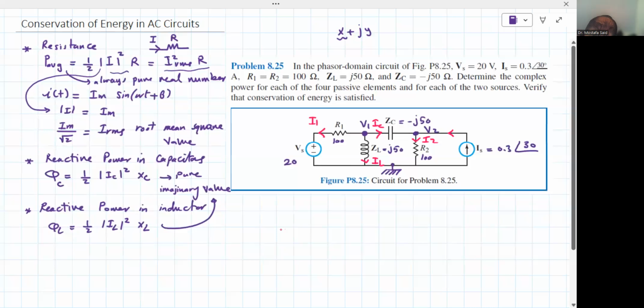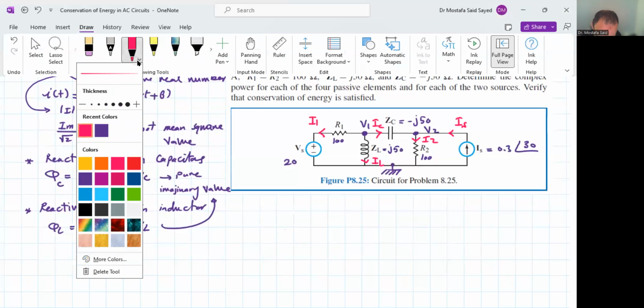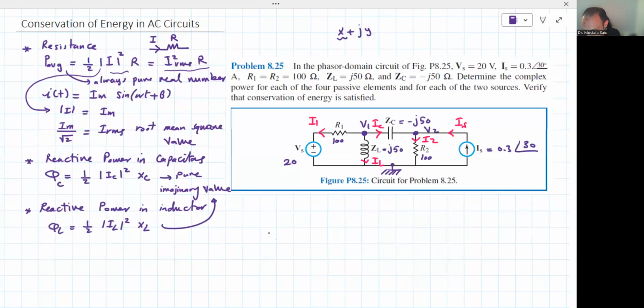And this current has its own name, IS. You don't need to assume it.